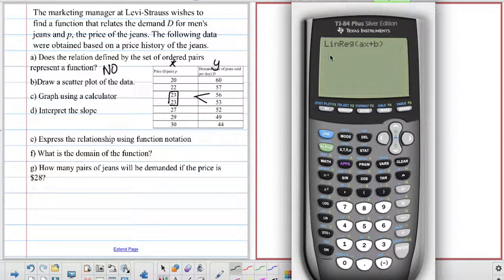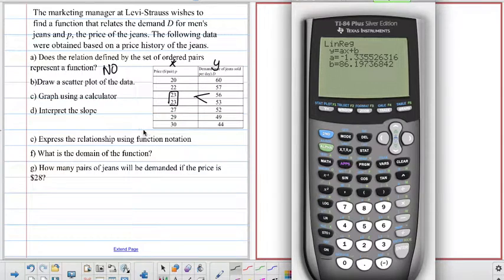When it says store RegEQ, that's where you're putting in the Y vars, or the Y1. So you need to go to vars, Y vars, enter, enter. So your first line should look like this: LinReg, Y1. Press enter.